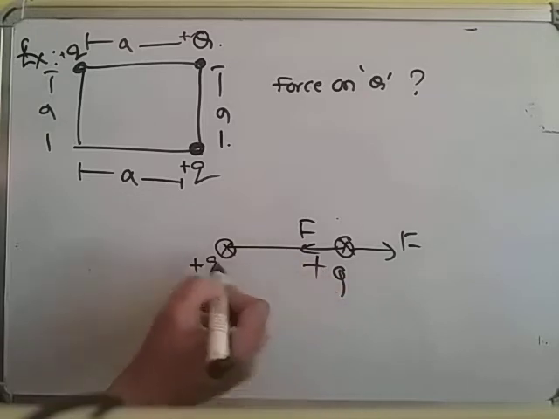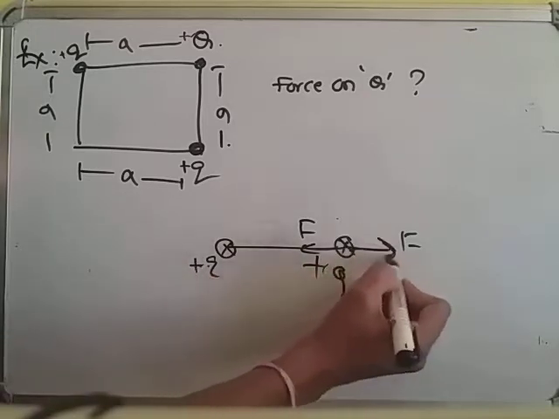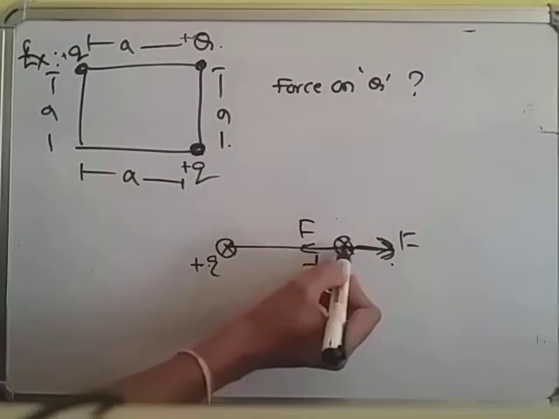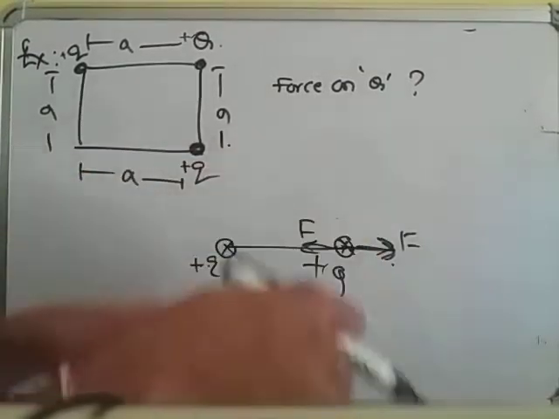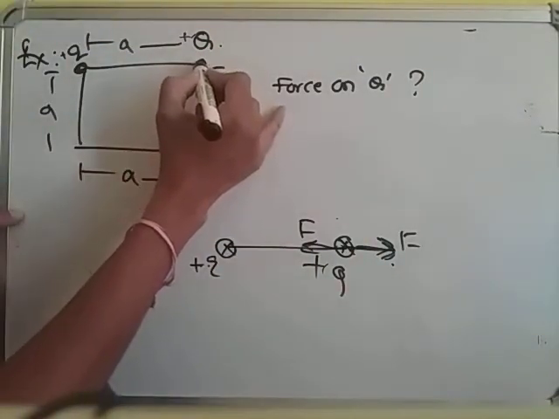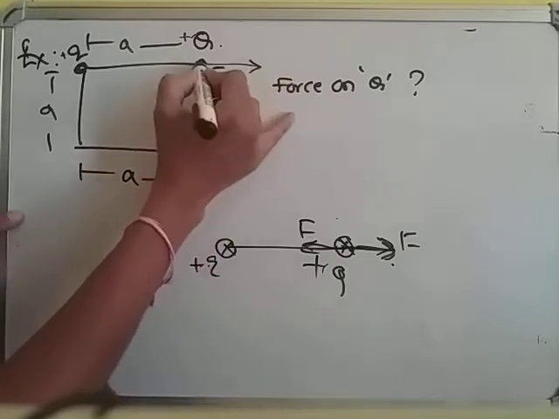If these are like charges, this plus small q repels the plus capital Q, so the force is this side. Like charges mean the force is away, and unlike charges mean the force is towards each other. Now tell me, the force on plus Q, whether it is left side or right side. It will be right side because it is a repulsion force.